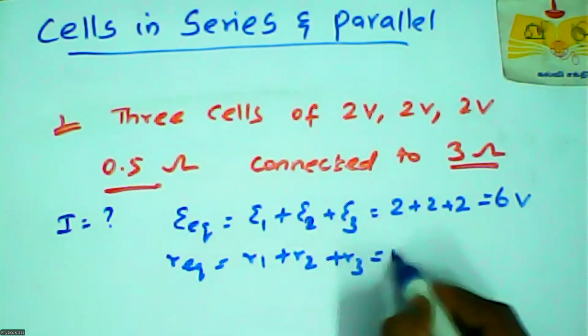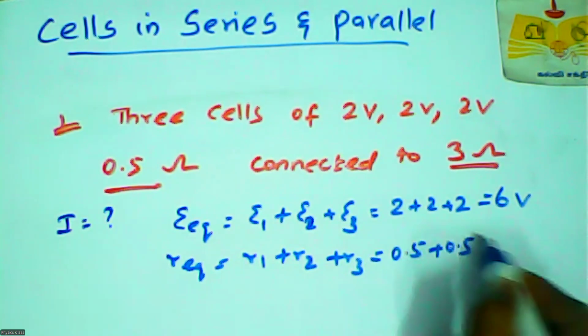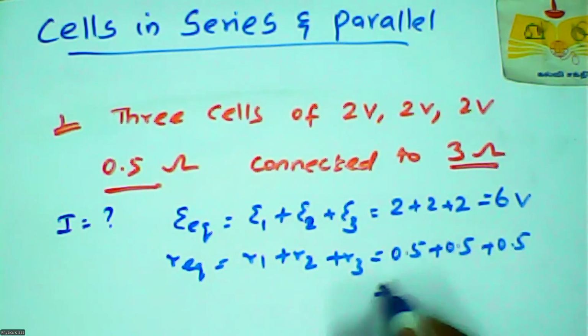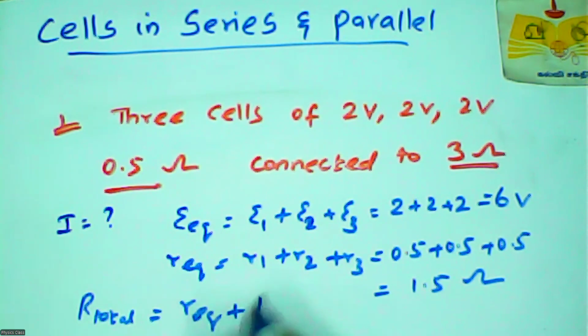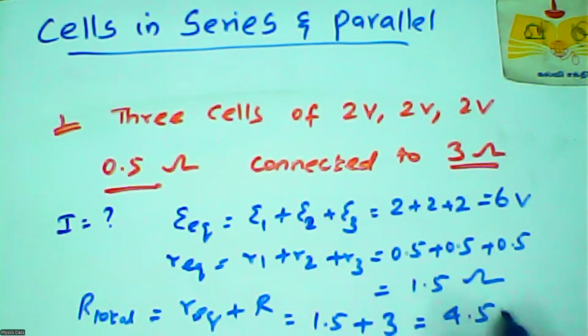So 0.5, 0.5, 0.5, which gives 1.5 ohm. And total resistance means equivalent internal resistance plus external resistance. So 1.5 plus 3 ohm, which gives 4.5 ohm. This is the total resistance.